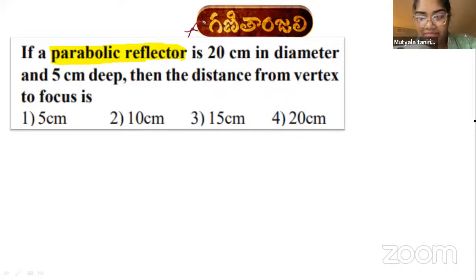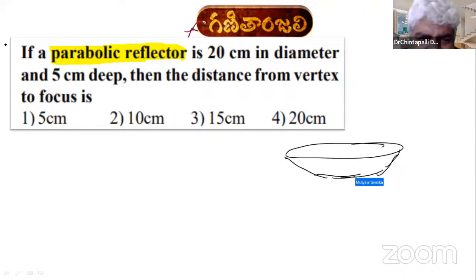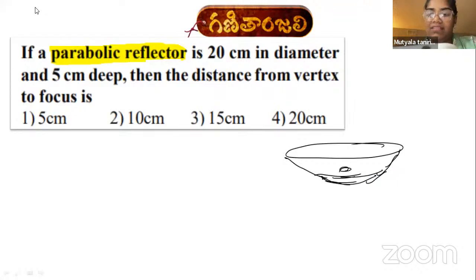Is it something like this, sir? Yeah, that's good. Just like a vessel. Very good. It is a parabolic reflector. Very super. Then Josna, why didn't you draw?